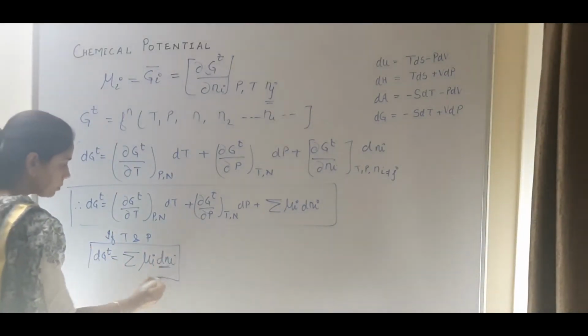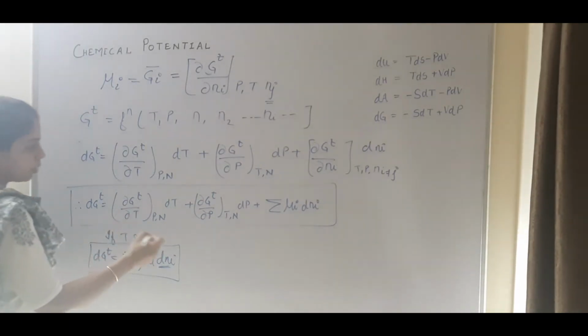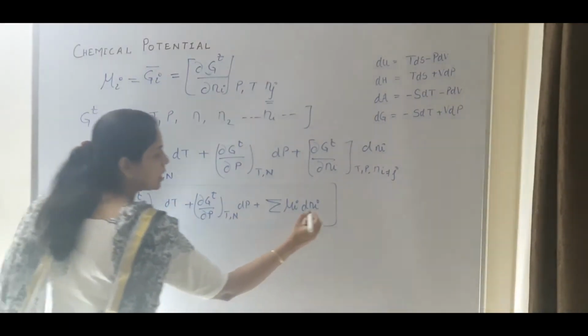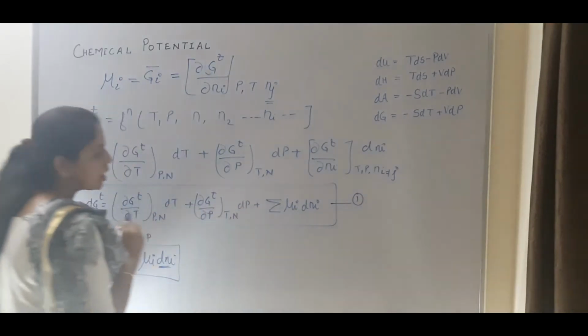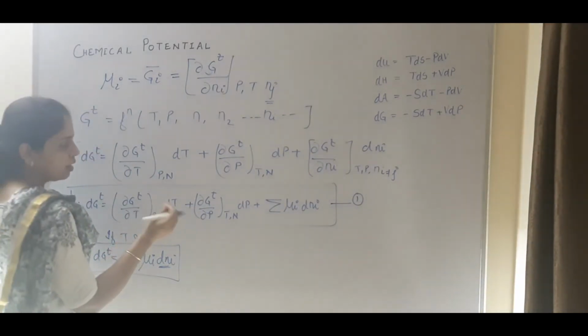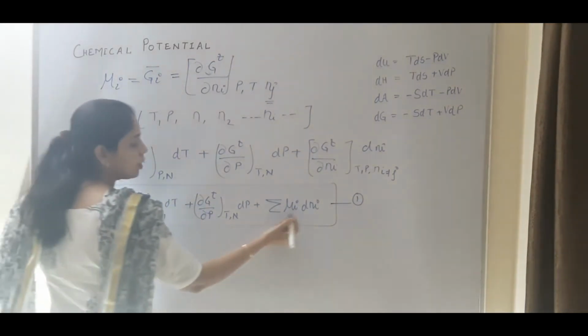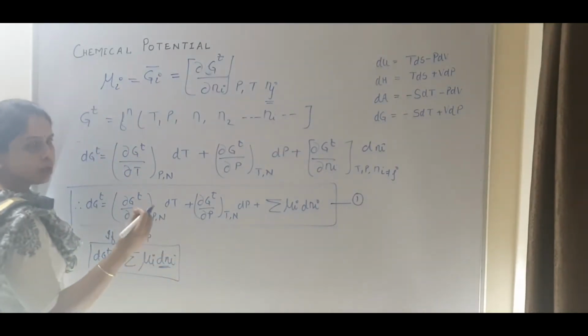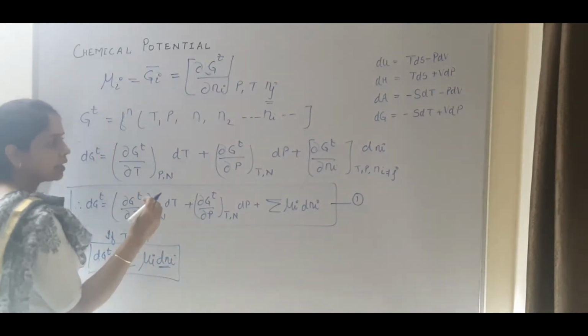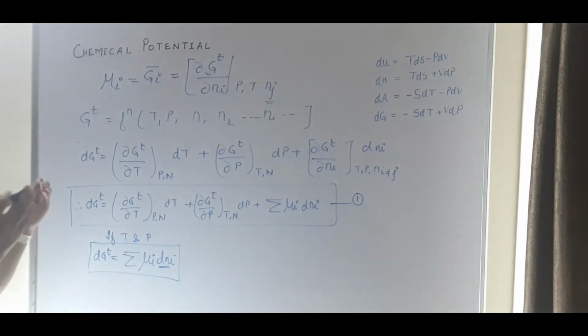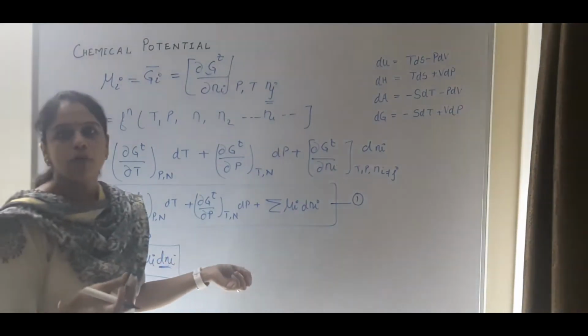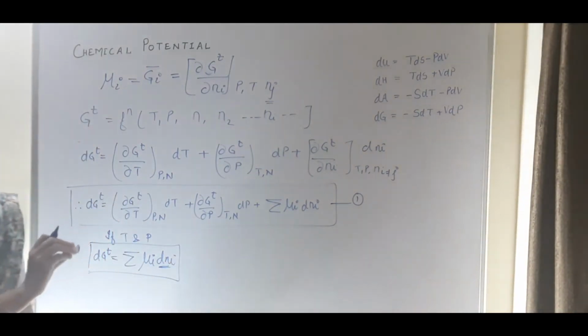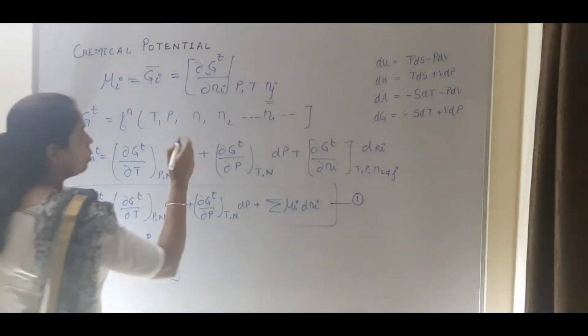Let's take this as equation number 1. From this equation, for any closed system, you know that there is no interaction between the system and the surroundings, so the change in the number of moles will also remain the same.